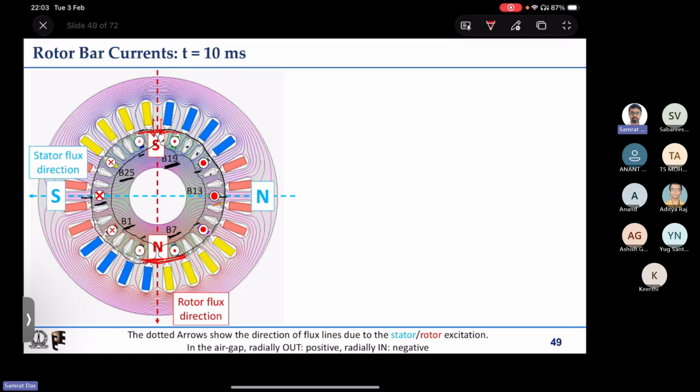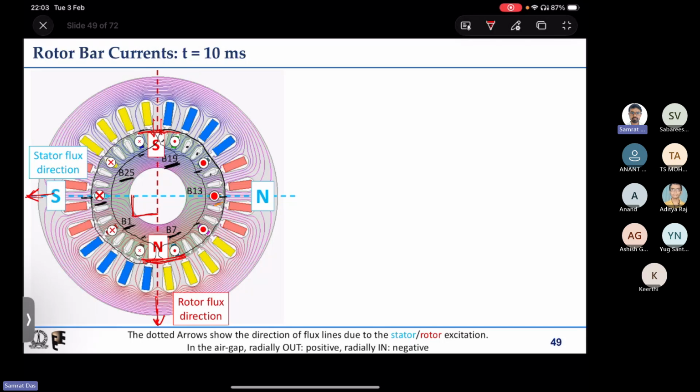So you can see that you have two magnetic fields. One is the stator magnetic field, that is the stator flux direction, and you have the rotor flux direction downward, which are 90 degrees with respect to each other. What made that 90 degrees?